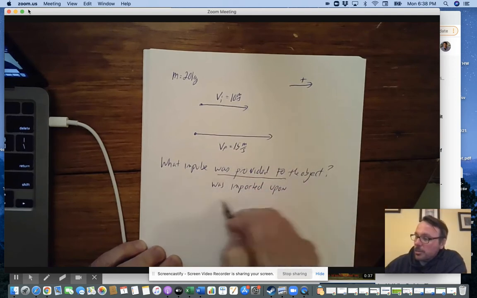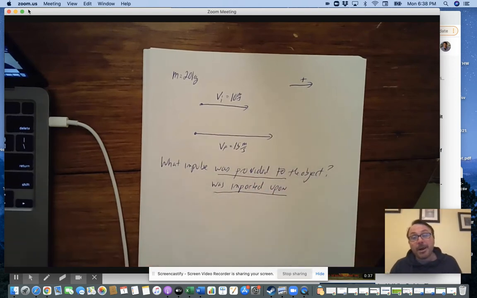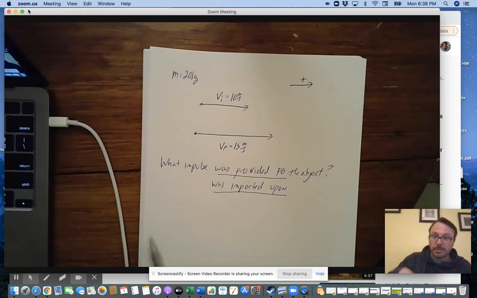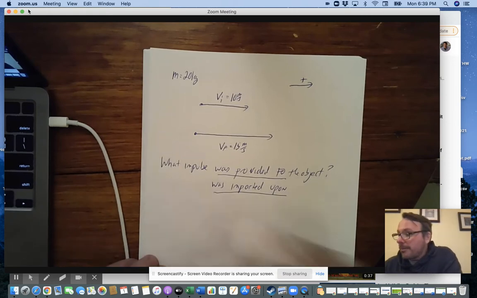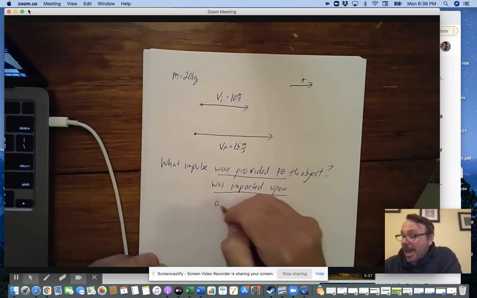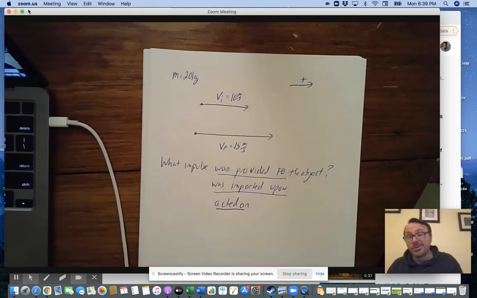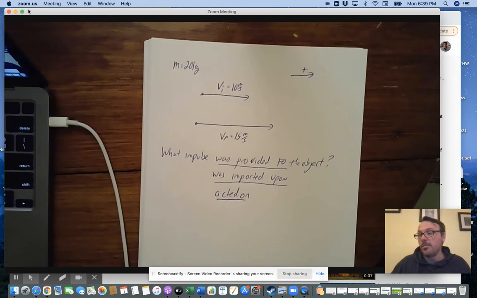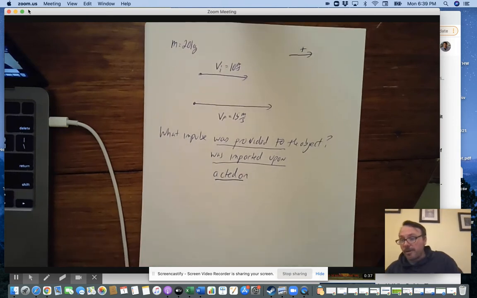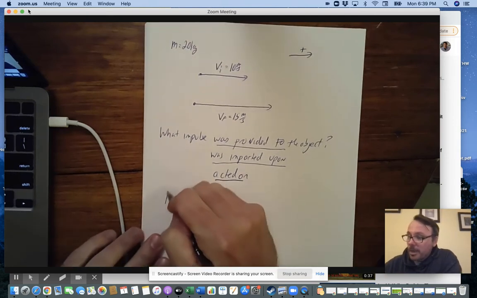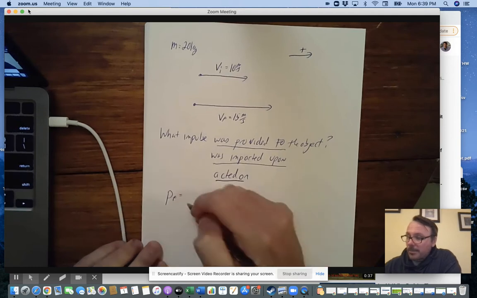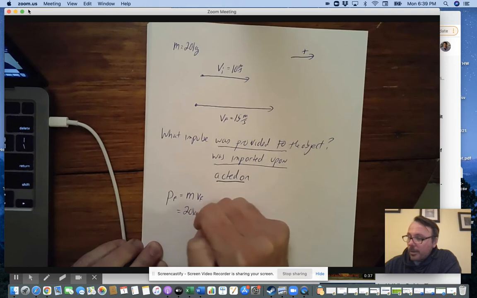Was imparted upon is actually Newton's language from the Principia, or at least a translation of that. Or what impulse acted on the object. Those are the three ways that we talk about the concept of impulse. Well, this is pretty simple and straightforward, because all we're going to do here is say the final momentum here is mass times the final velocity. So 20 kilograms times 15 meters per second.